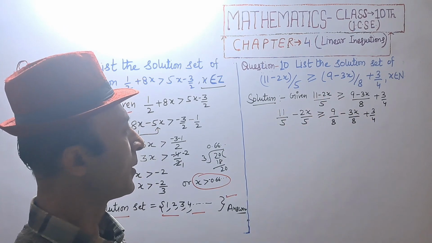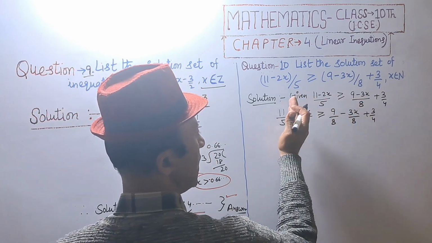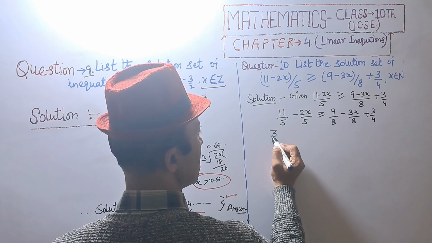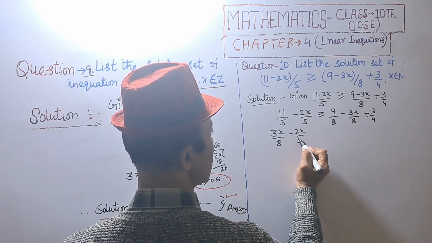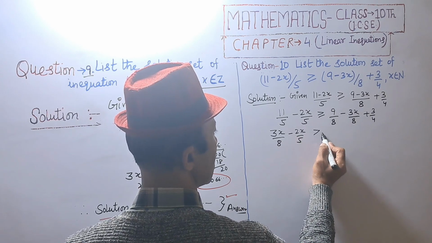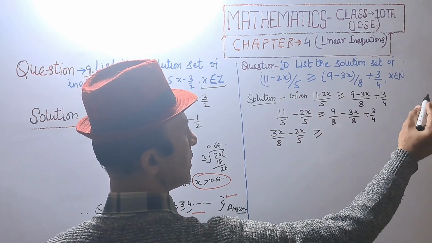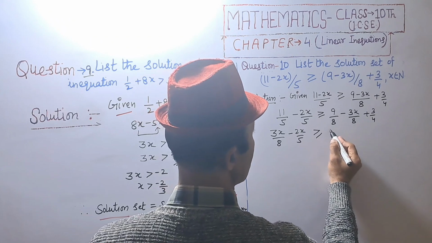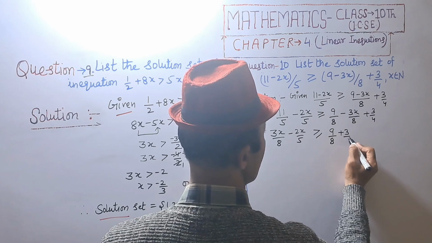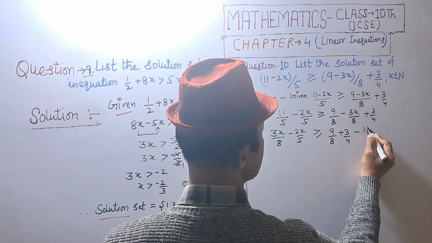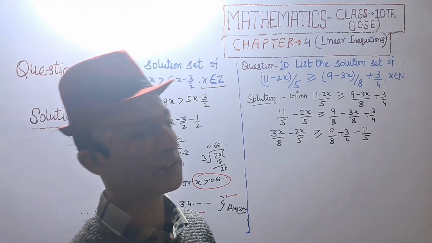Next step, −3x/8 shifting to the left side will be positive, so 3x/8 − 2x/5 as it is on the left, and 11/5 shifting to the right side will be negative: 9/8 as it is, plus 3/4 as it is, minus 11/5.